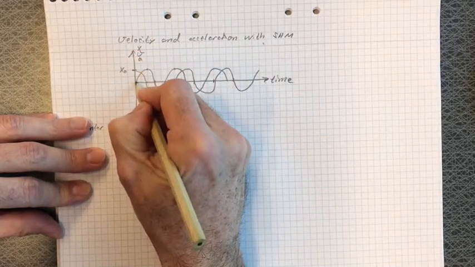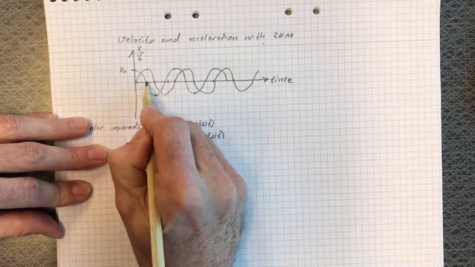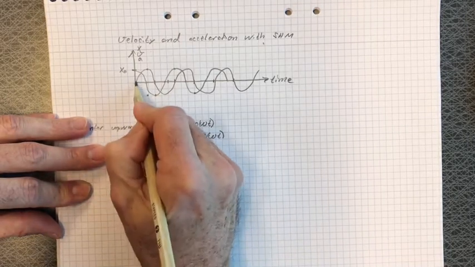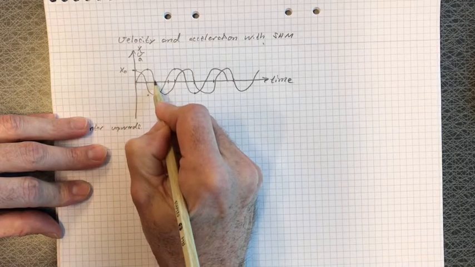The acceleration is 0 here at the equilibrium line because there are no resultant forces here. So here, no resultant forces, it has to be 0.